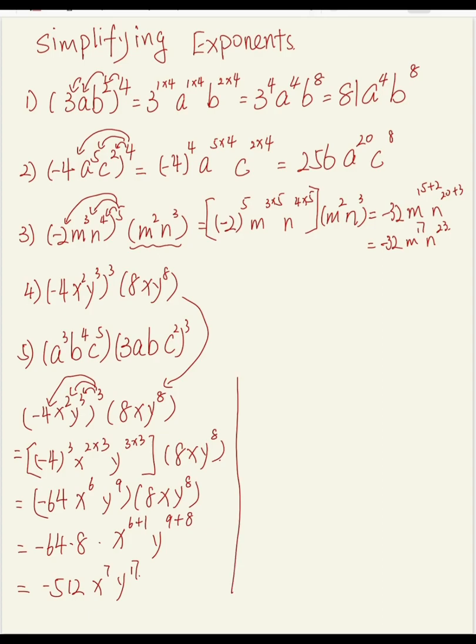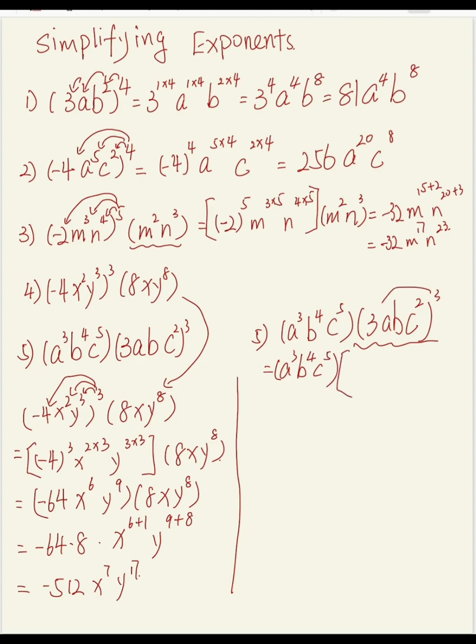Okay, for number 5, we have a to the 3rd, b to the 4th, c to the 5th, times 3abc squared, and then raised to the 3rd. For this one, we first solve this part, and then we just copy the first big part and then the next part.